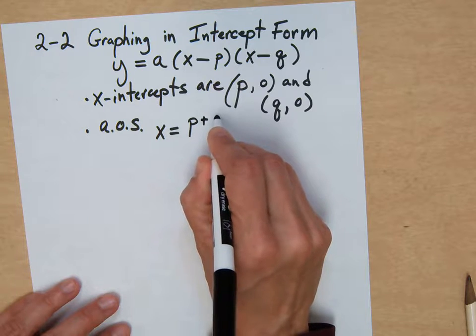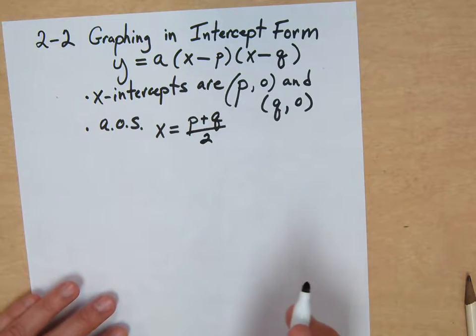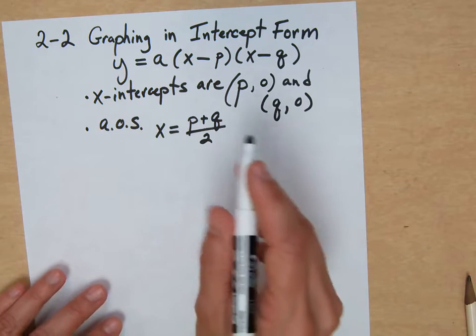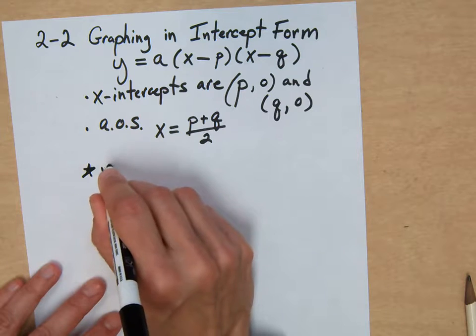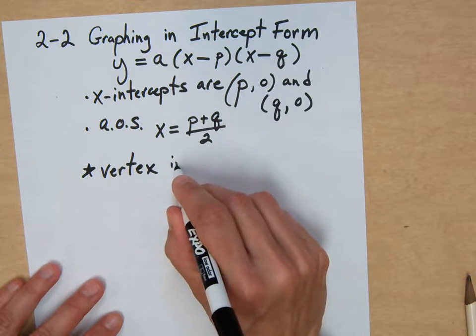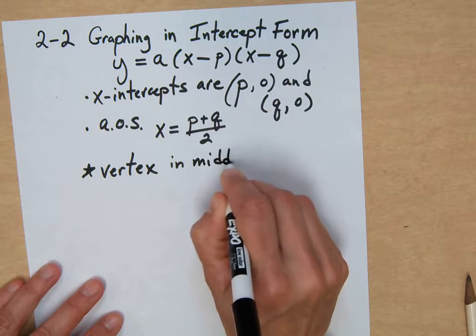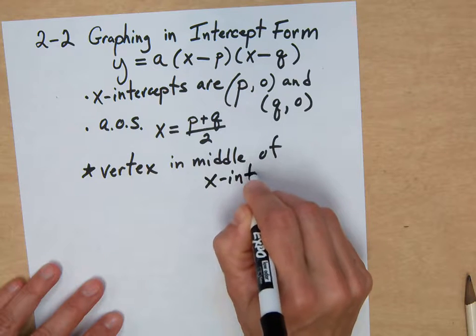You add them up and divide by 2. So that's your axis of symmetry. I'm going to write one more comment here. This is what you want to remember: the vertex is always in the middle of the x-intercepts.